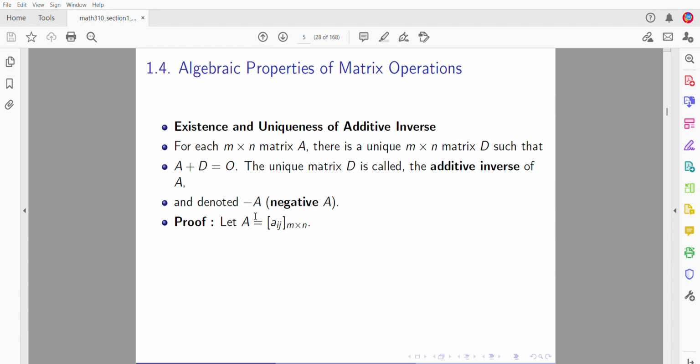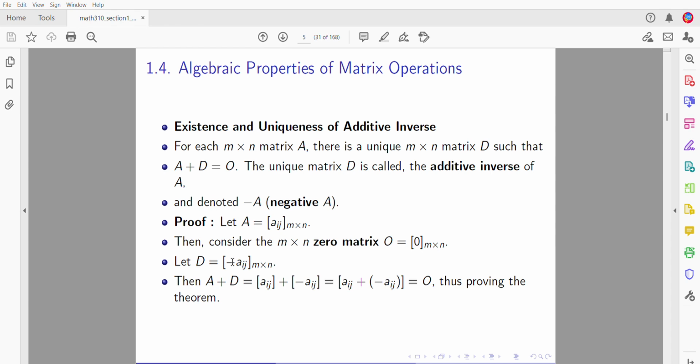Here is the proof. Let A equals matrix Aij, m by n. Consider the m by n zero matrix O, that is the matrix consisting of zeros, m by n. Let D equals matrix negative Aij. So whatever was Aij here, its opposite is in here.